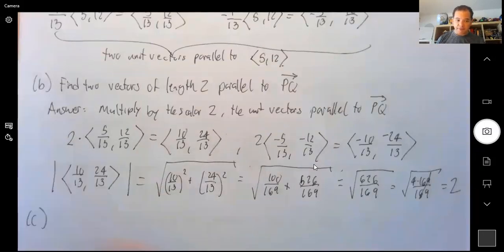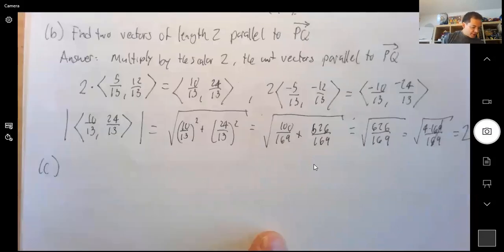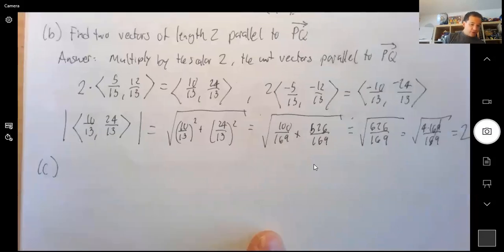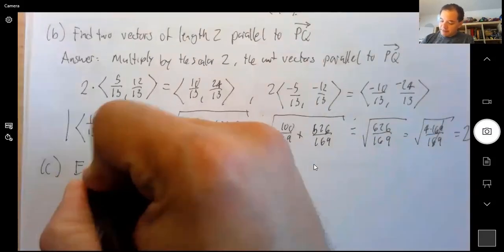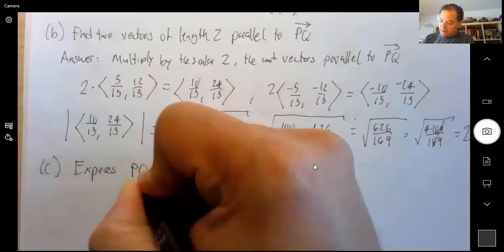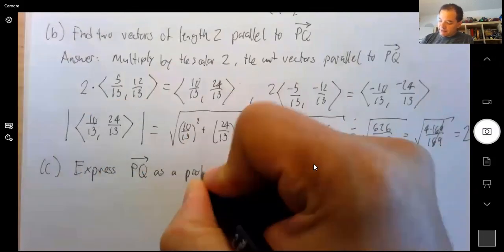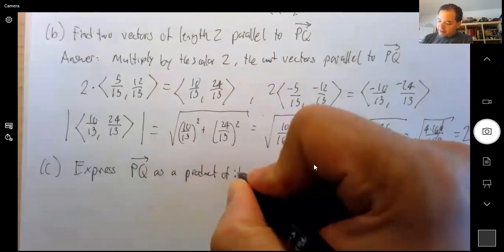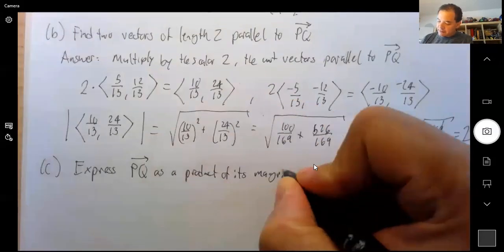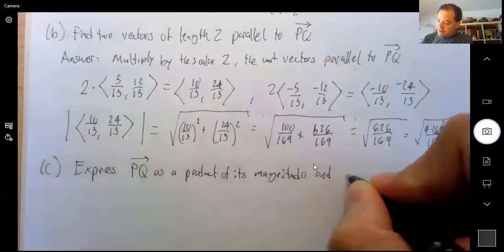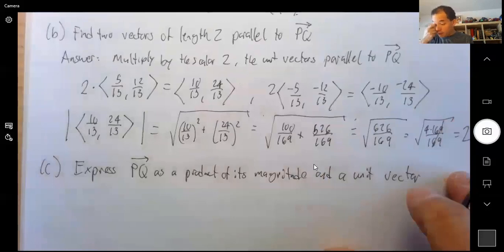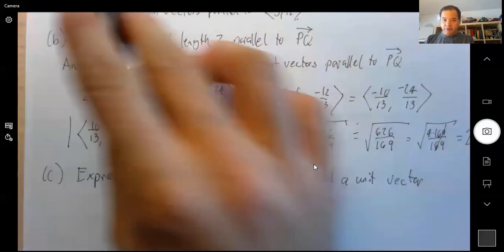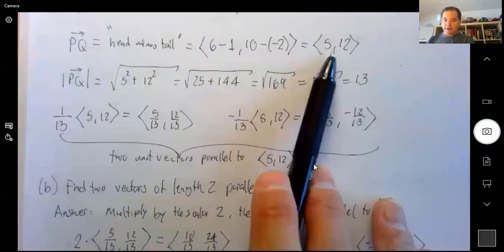Okay, part C. Part C says express the vector PQ as the product of its magnitude and a unit vector. And that's also easy because we already know the unit vector that points in the direction of PQ. So PQ is 5, 12.